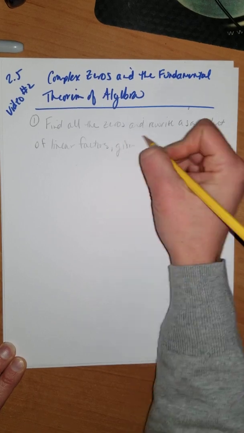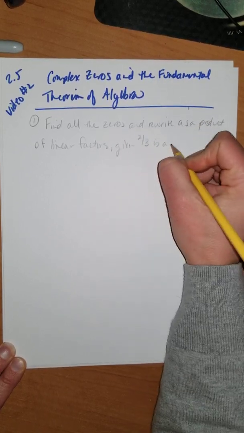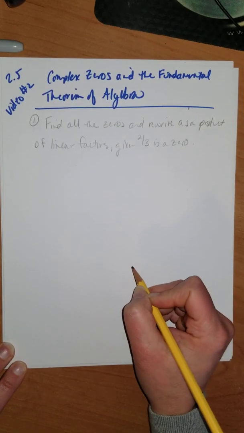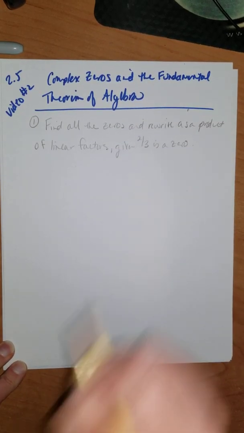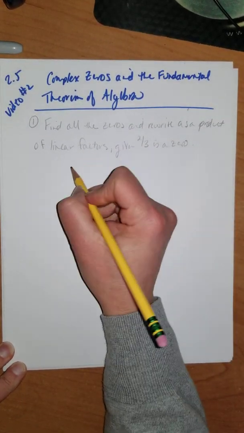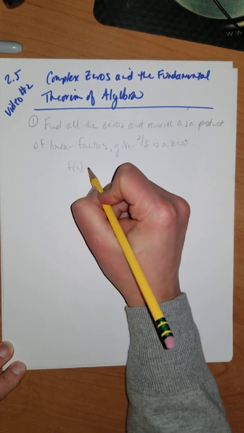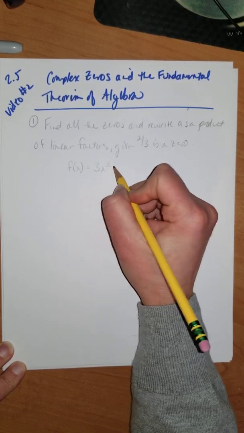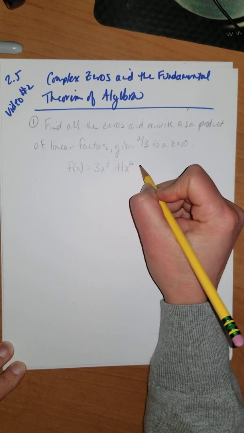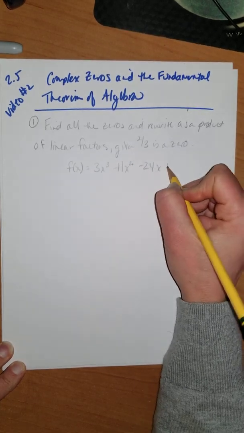Given 2/3 is a zero. All right, so for 2/3 to be a zero, there's a couple things going on with this. Well, first I probably should give you the function. F of x equals 3x cubed minus 11x squared minus 24x plus 20.